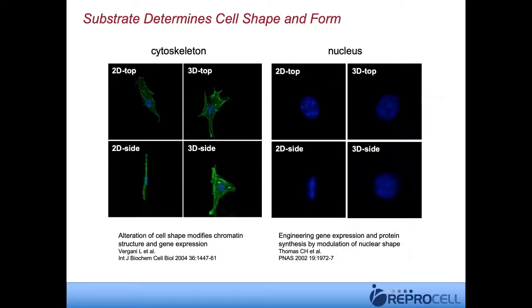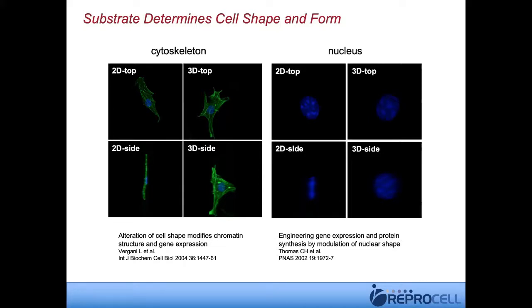You can see this very clearly if you look at a single cell. On the left, we have a fibroblast, which has been stained with phalloidin, which is an F-actin stain. And you can see how thin that cell has become in 2D, whereas in 3D, it's three-dimensional all the way around. You can also see on the right how the major organelle, the nucleus, is also influenced and changes its shape.